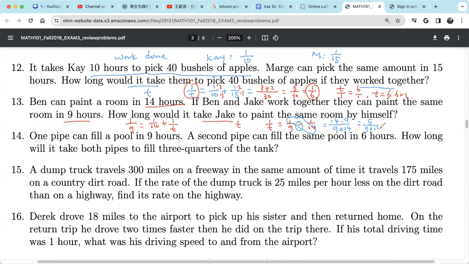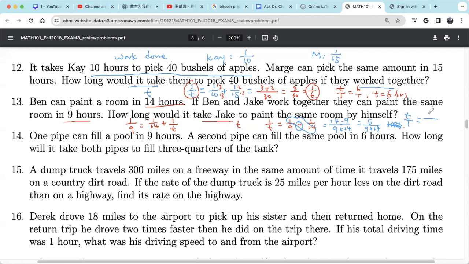So 9 times 14. This is speed, right? Because 1/T equals 5 over this. Now we want to find the time. So we flip over, T over 1. Flip 1/T to be T over 1.